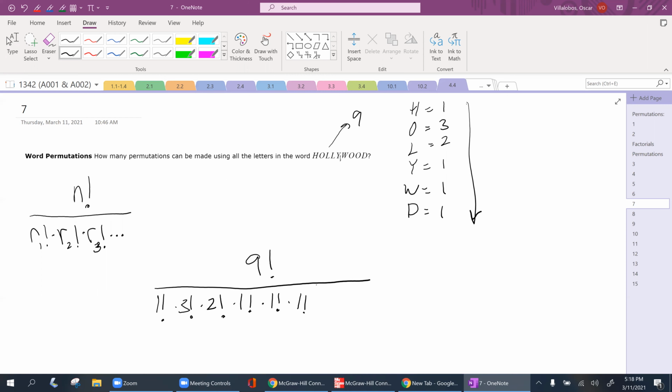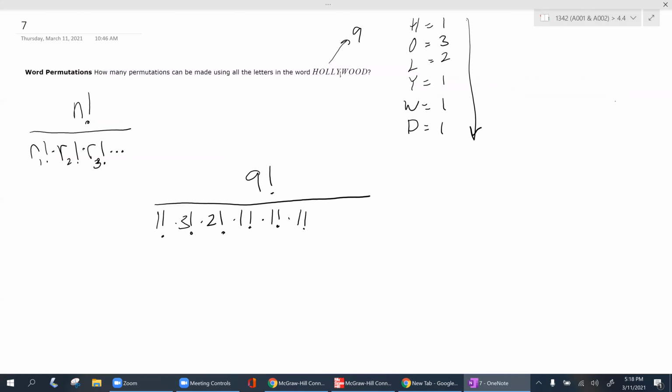I can disregard the ones. So technically you'll have 9 factorial divided by 3 factorial times 2 factorial. And do not multiply factorials across. 3 factorial times 2 factorial does not equal 6 factorial, so be careful with those.